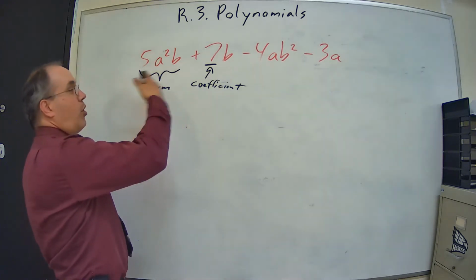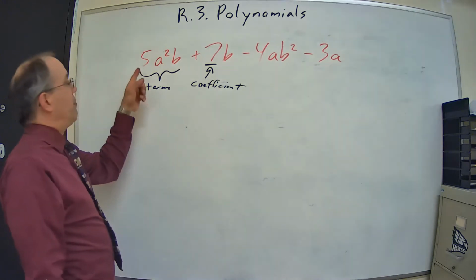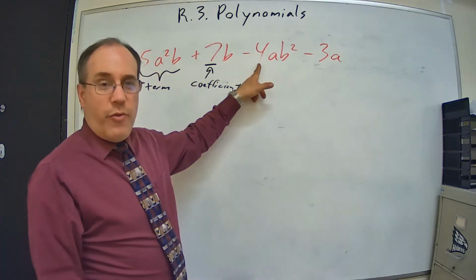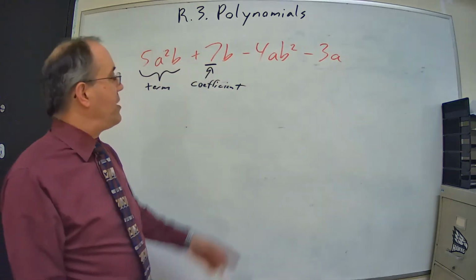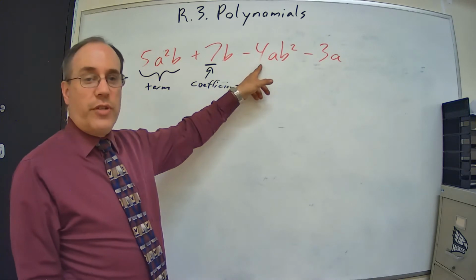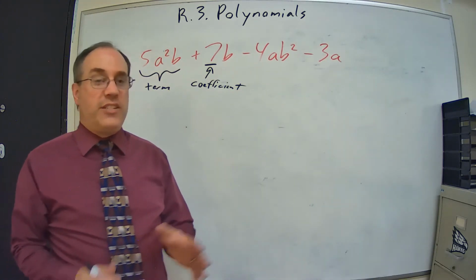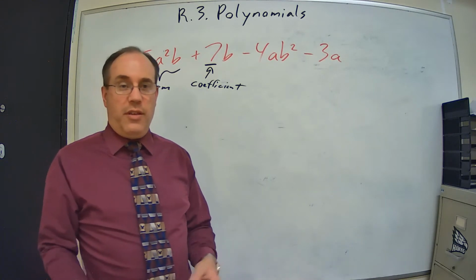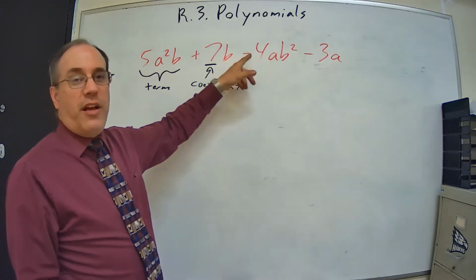And this is a multi-term polynomial with coefficients of 5, 7, −4, and −3. Now you may ask yourself, why am I saying −4 is the coefficient? Because really, what we're dealing with as polynomials is the sum of a bunch of products. When we see minus, what we're really saying is plus a negative.